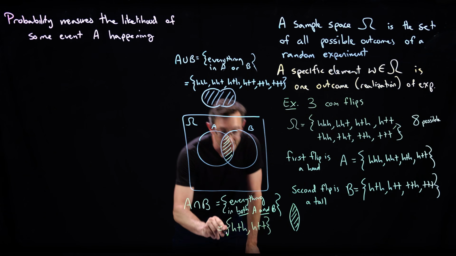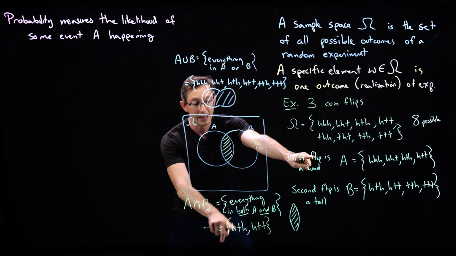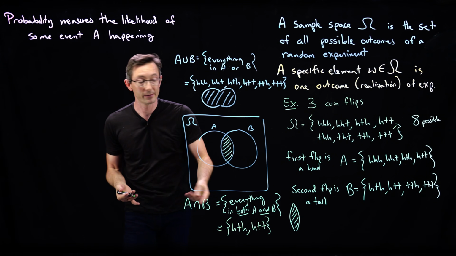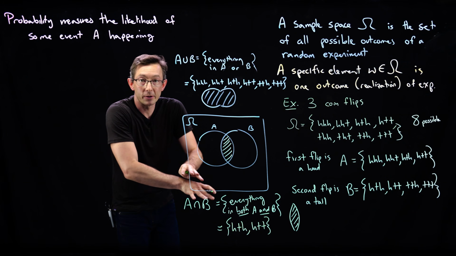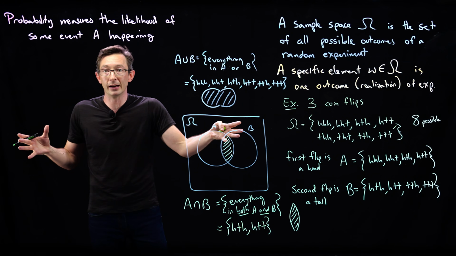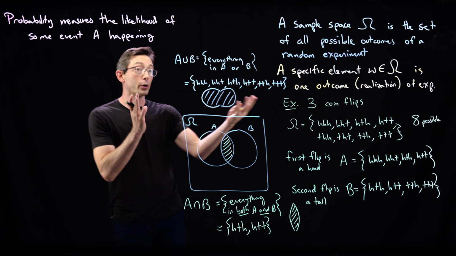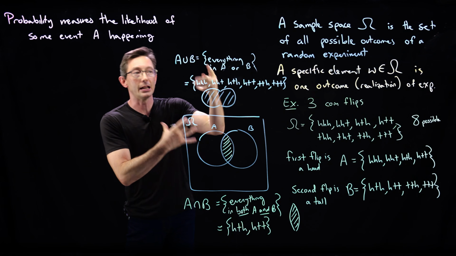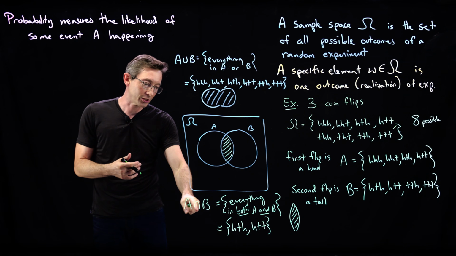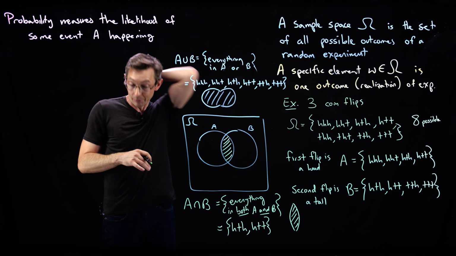And that makes sense. These are the elements where the first flip is a head and the second flip is a tail. So this is a smaller set. The intersection generally is more restrictive. The union is more of a big umbrella, more permissive, more inclusive. So union is everything that's either in A or B. Intersection is everything that is in both A and B.